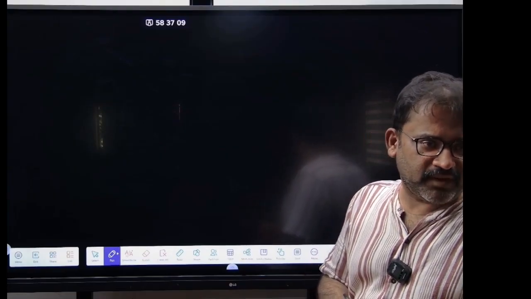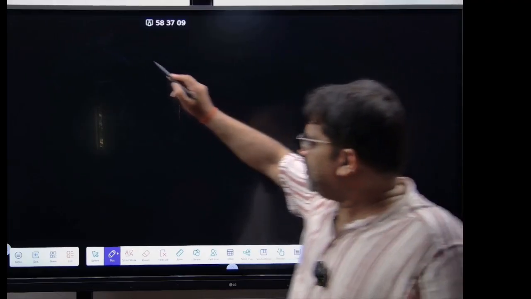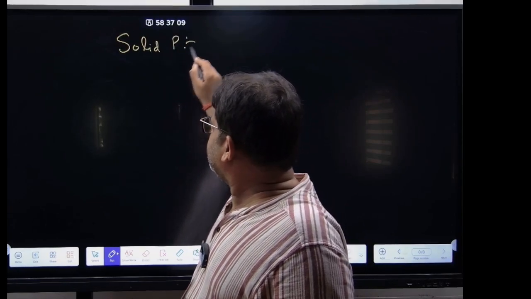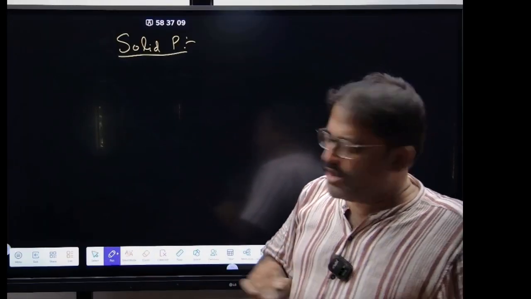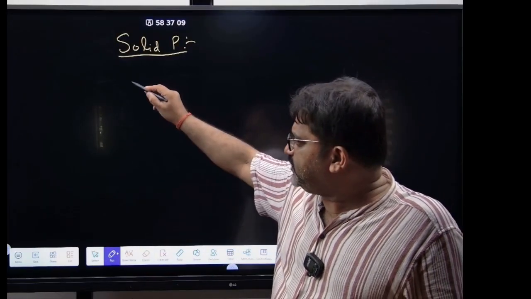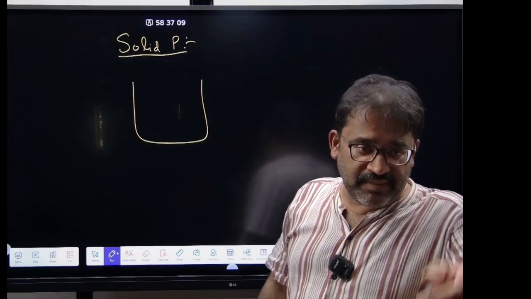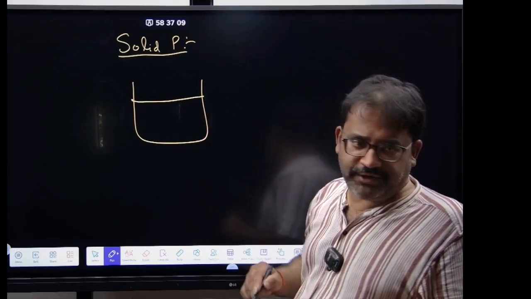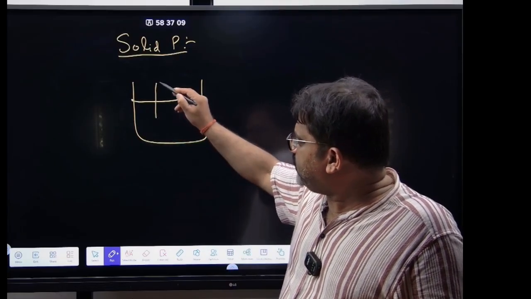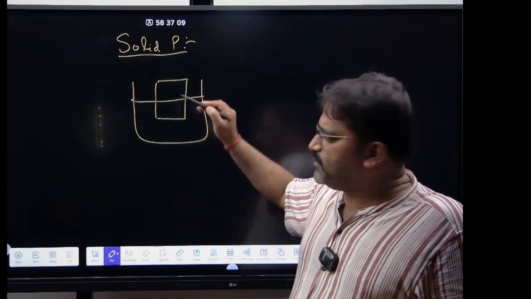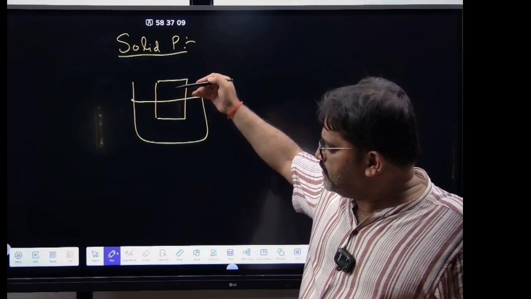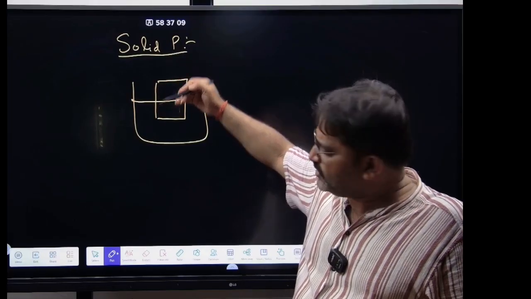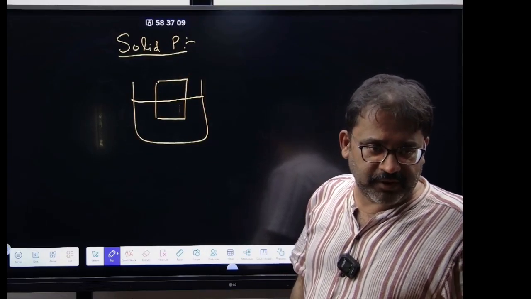One is solid P, another is solid Q. So let me take solid P first. Now when I take solid P and a container containing liquid, and the liquid is water, the solid is such that 50% of the solid is immersed inside the liquid and the rest 50% is outside the liquid. Is it correct, Buddha? Very good.